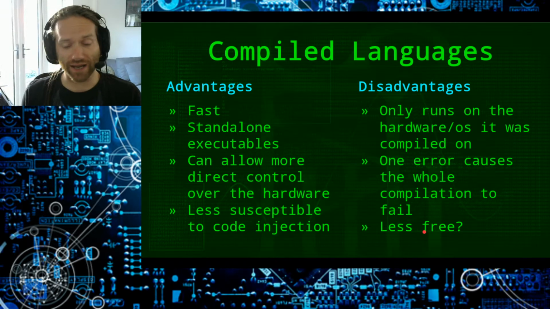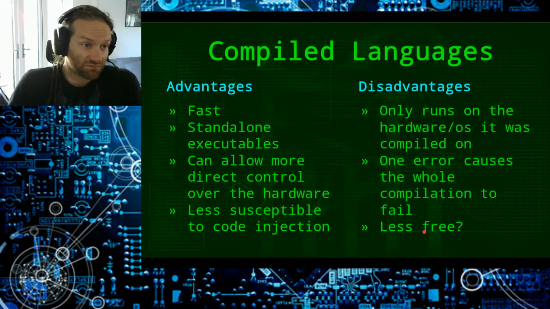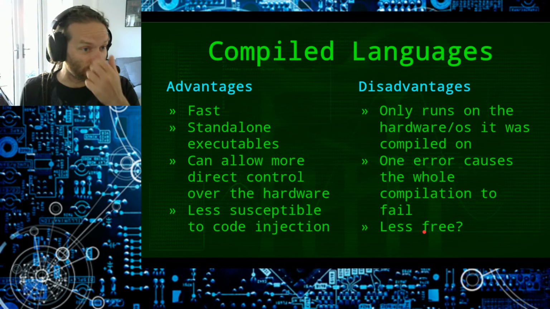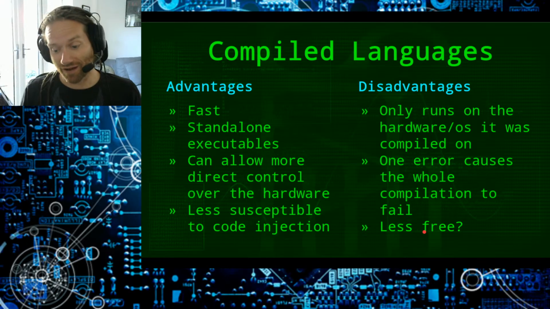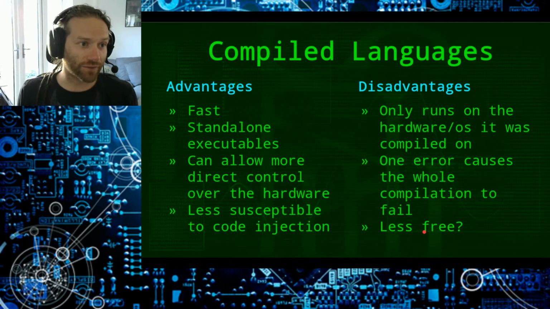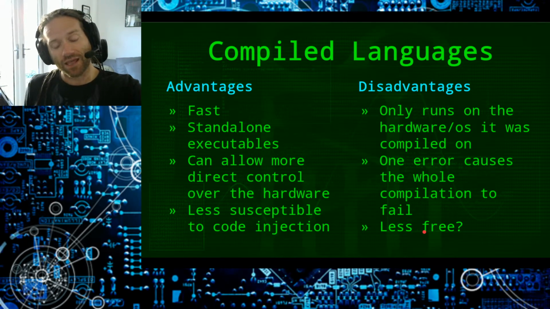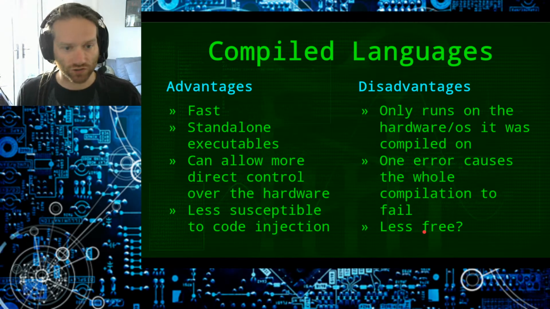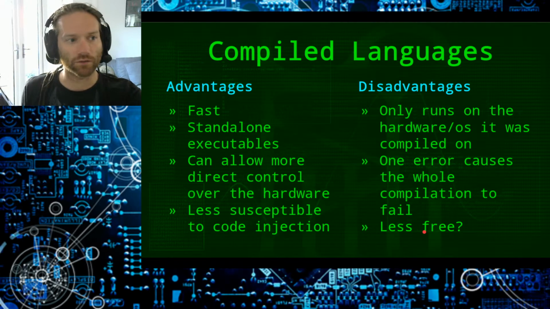If someone gives you an executable, it's like, well, there it is. It either works or it doesn't work. And if it doesn't work the way that you want it to, what are you going to do? You're going to have to write your own program. With compiled languages, you can still distribute the source code. A lot of the programs that I run on my computer are compiled and open source.